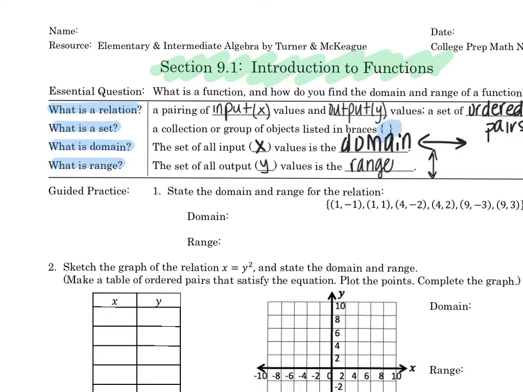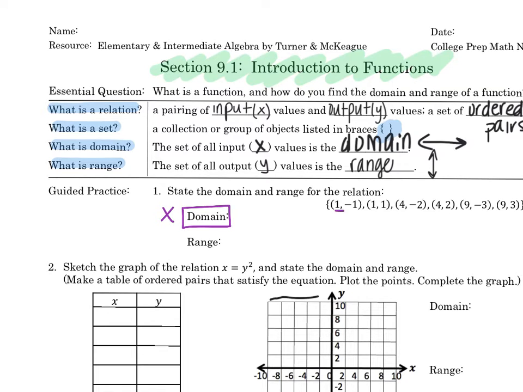So let's look at this first example. State the domain and the range of the relation. One of the things that I am going to do that tends to help me is I see all of these numbers here, and I'm going to use purple because I know that domain is my X values.